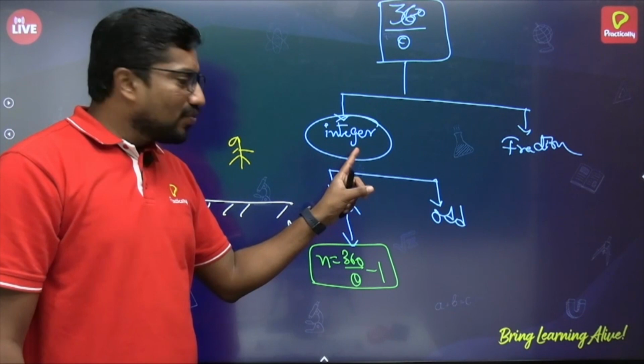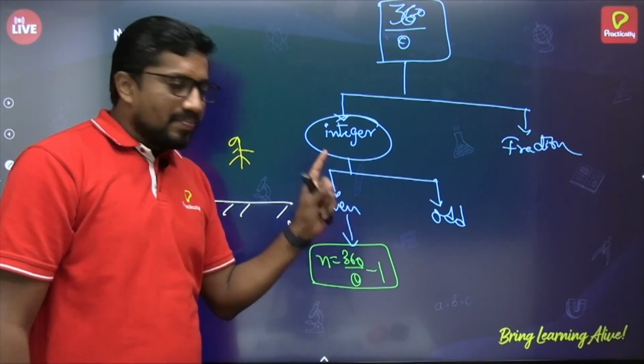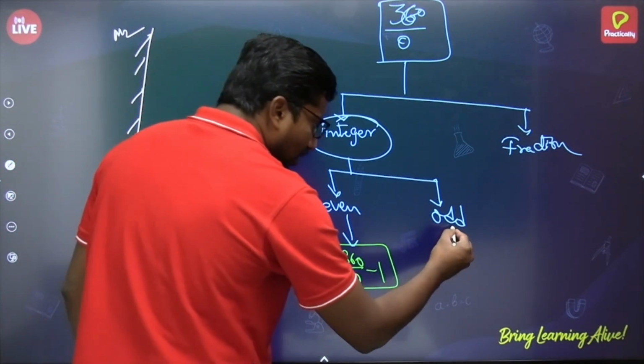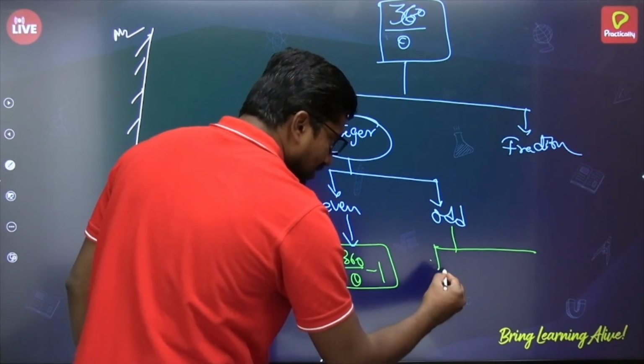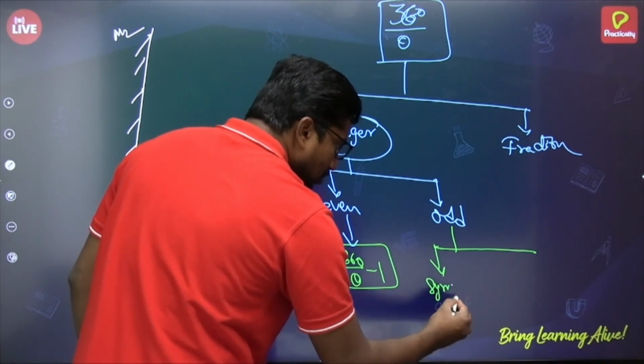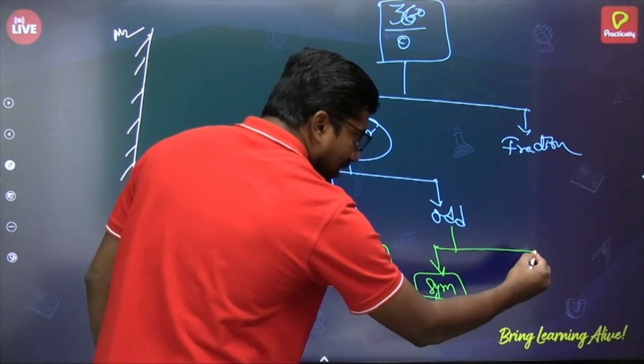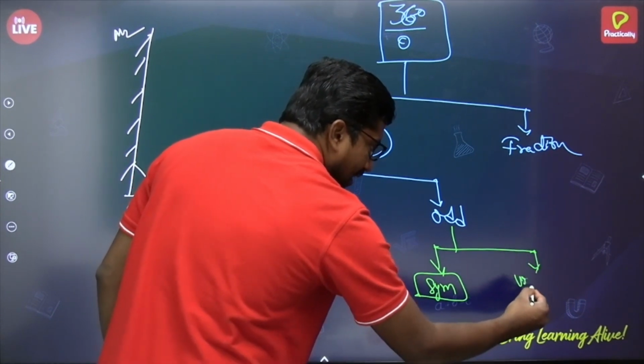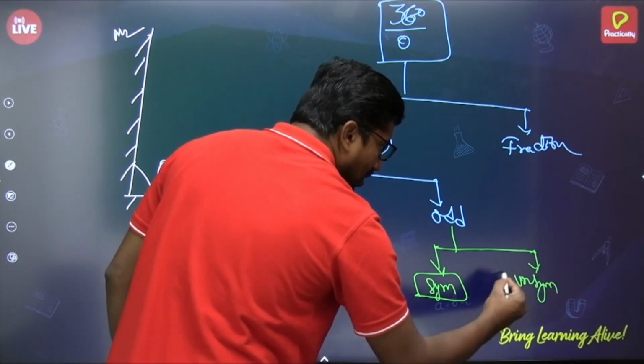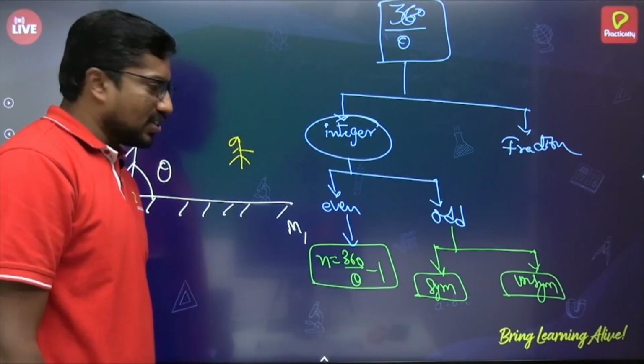Next, if the integer value is odd, what will happen? Here two possibilities are there, based on the position of the object: symmetrical and unsymmetrical. What are these symmetrical and unsymmetrical positions?